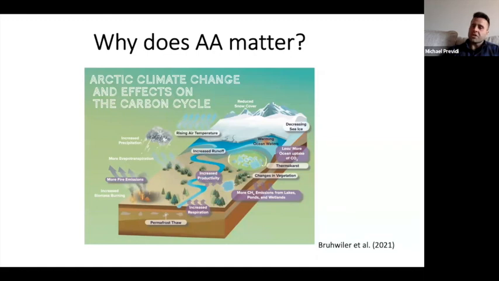But on the other hand, there are other effects that could come into play as well, such as enhanced freshening of the Arctic Ocean due to ice melt and to increased runoff from rivers into the ocean. So that has implications for the exchange of CO2 between the ocean and the atmosphere. So again, just a lot of uncertainty with how the ocean-atmosphere exchange of CO2 will change in the future, but also just how the carbon cycle in general will change over the Arctic with increased warming.